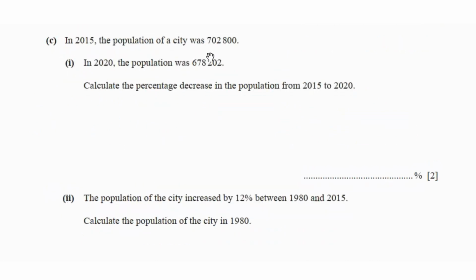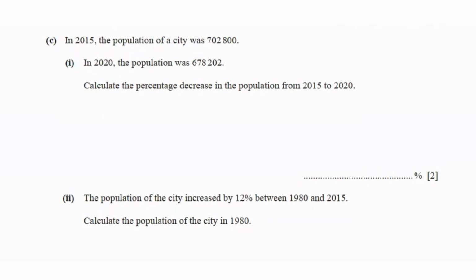In 2015, the population of the city was 702,800. In 2020, the population was 678,202. Calculate the percentage decrease in the population from 2015 to 2020.